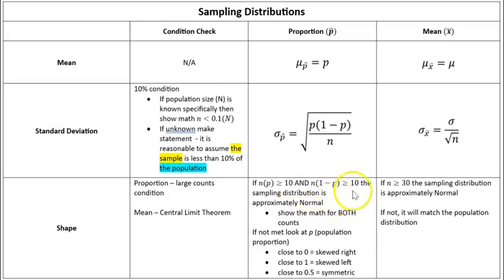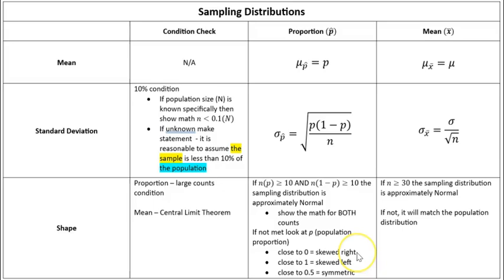If you are asked to do this, make sure you show the math for both counts. So show me n times p. Don't just write n times p. Plug in the actual numbers from the problem. So show me that n times p is greater than 10 and that n times 1 minus p is greater than 10. All right. If one or both of these is not at least 10, then we can get an idea of the shape from the population proportion, p.